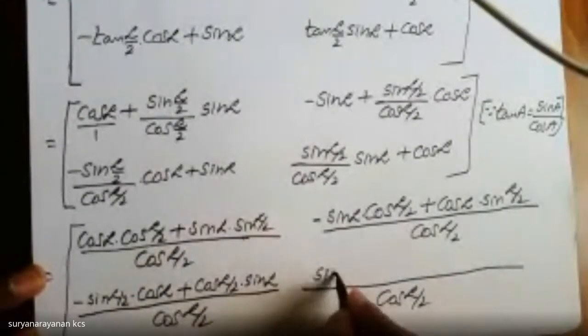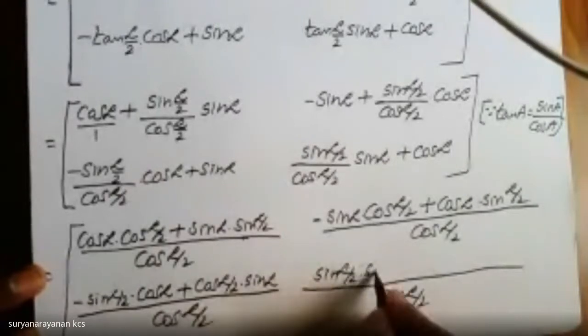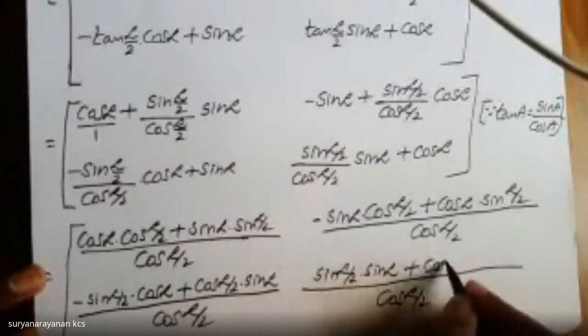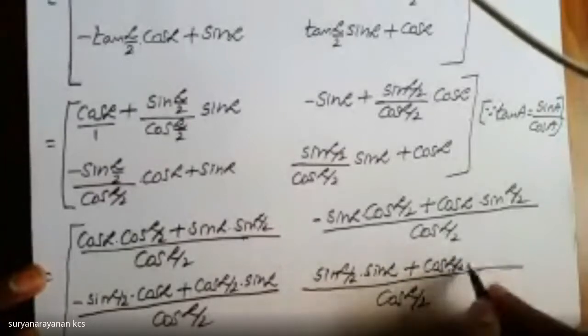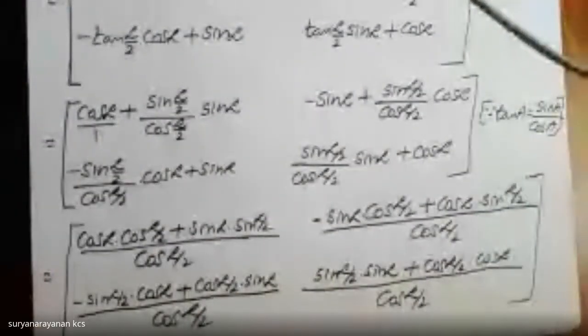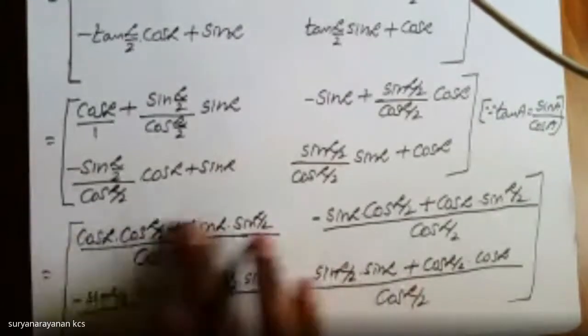We get here sin alpha by 2 into sin alpha plus cos alpha by 2 into cos alpha. Okay, my children, now come to this step. In this step, we did nothing special. I have taken LCM for the denominators and I wrote the numerator.